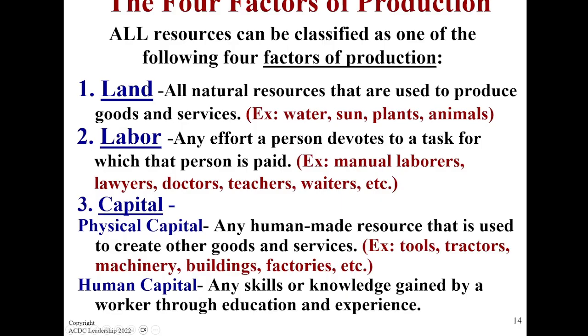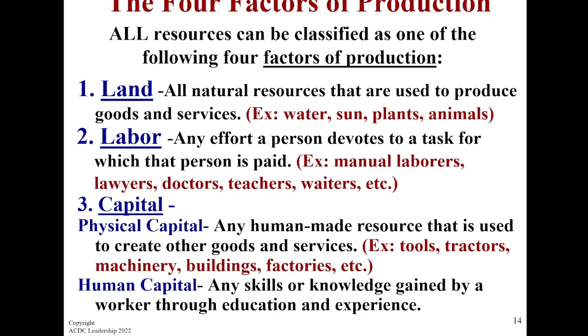Good examples of these are tools, tractors, machinery, buildings, and factories. These are built by hand, and these are physically used to increase the amount being produced and lower the costs.